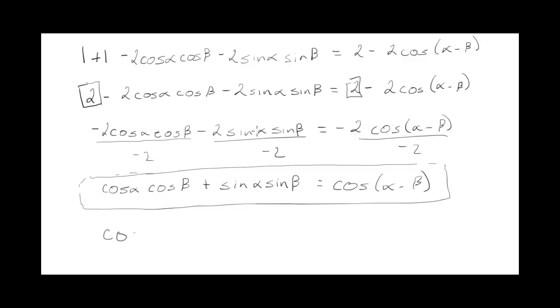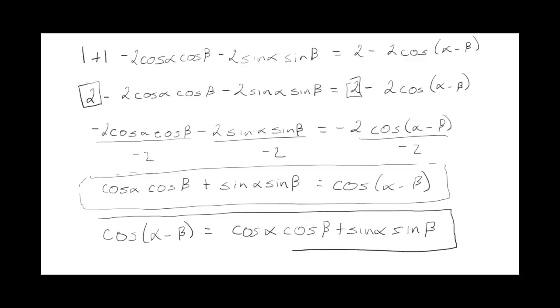So usually it would be written cos alpha minus beta equals cos alpha cos beta plus sine alpha sine beta. And that's your first compound identity. This is the cosine compound identity for alpha minus beta. We'll have one for alpha plus beta, as well as ones for sine and tangent.